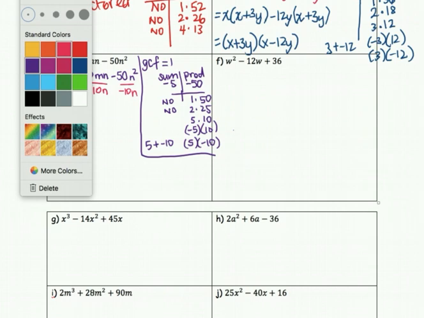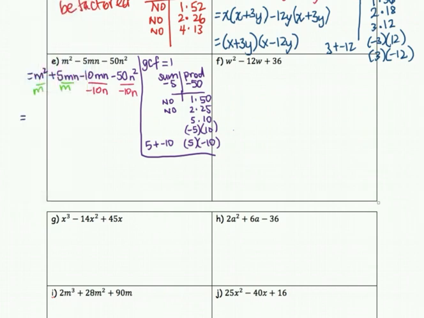From there, factor out the m, and so you're going to divide here. So m squared and m becomes just the m plus 5n bracket.